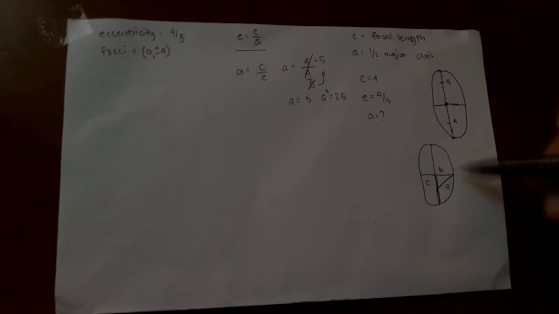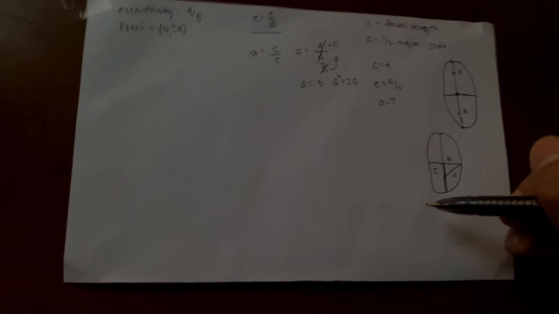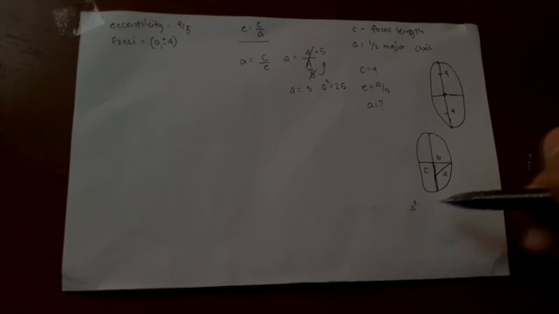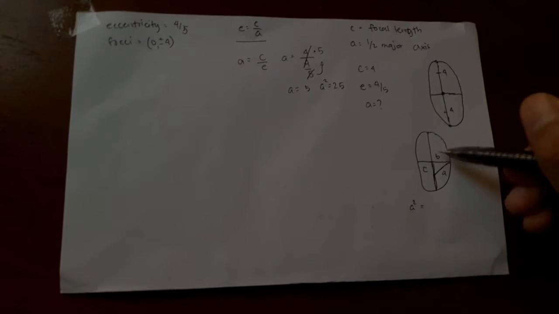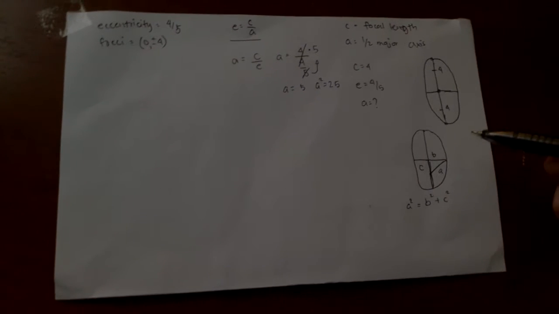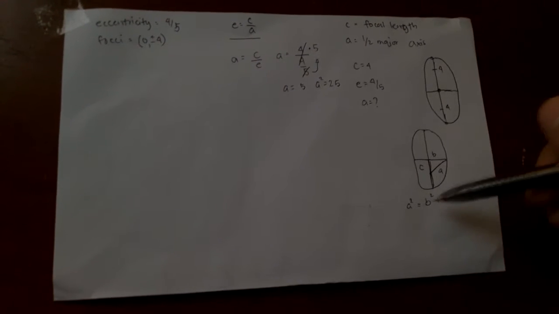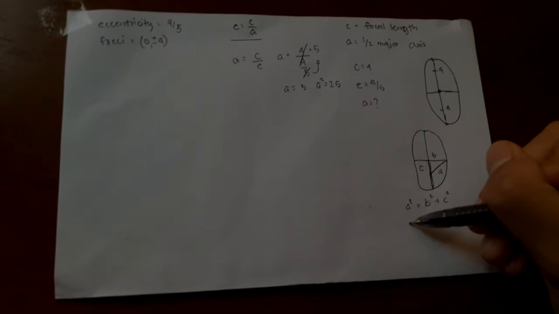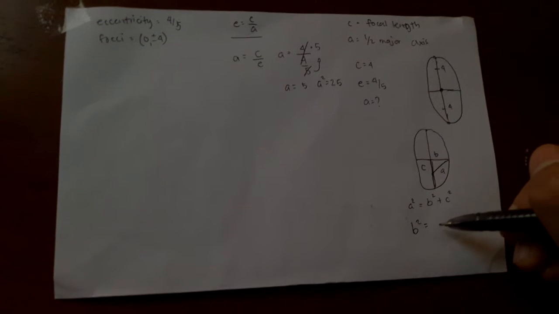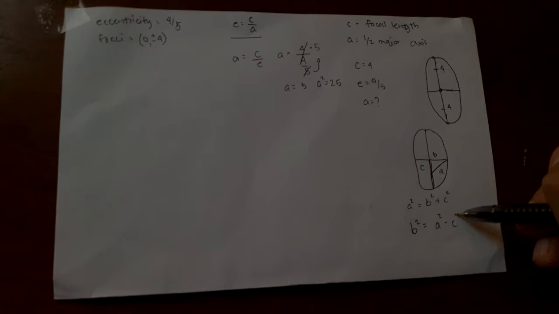So as you can see, it portrays the Pythagorean theorem, where A squared is equal to B squared plus C squared. So as we can see, we have the B there. To find B, it would be B squared equals A squared minus C squared.